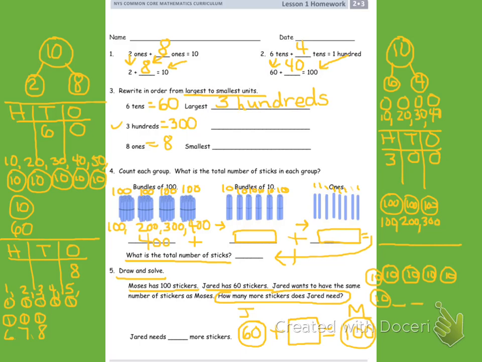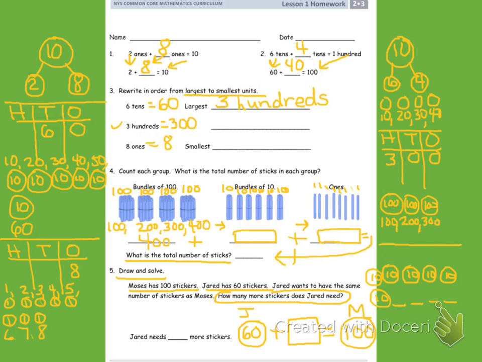We have to figure out how many more groups of 10 we need to add in order to get to 100, because 10 tens is the same as 100. Well, as I look at this picture, I can see that I need 4 more tens.